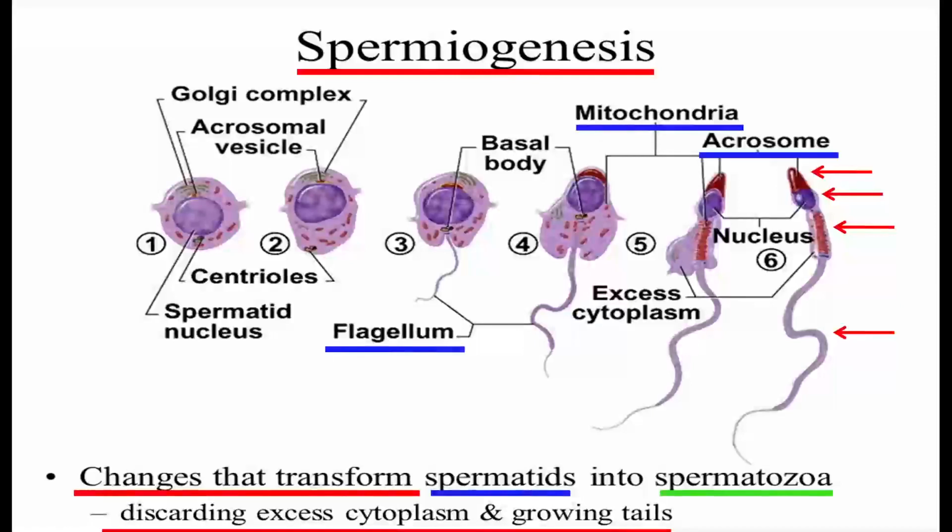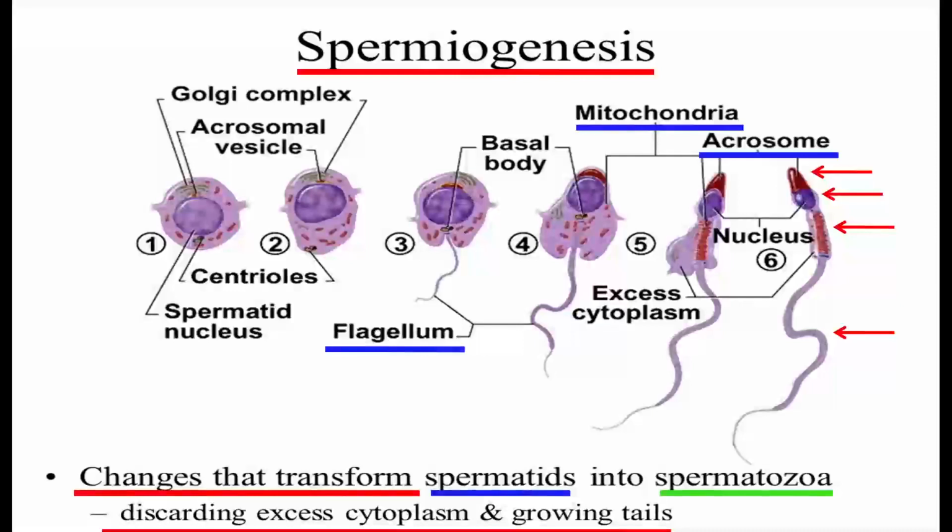These cellular organelles are important because we need to produce a structure called the acrosome, and it is made of enzymes. Enzymes are proteins, so we need to form an initial vesicle that is going to form the acrosome.